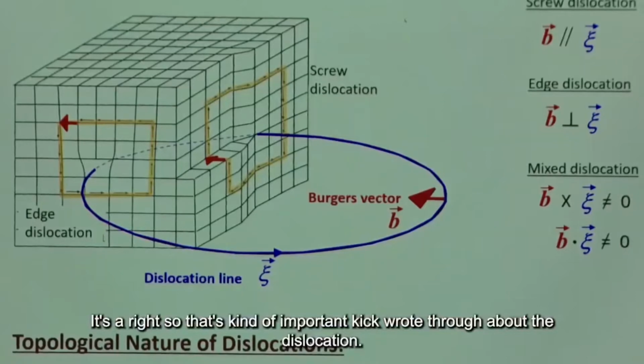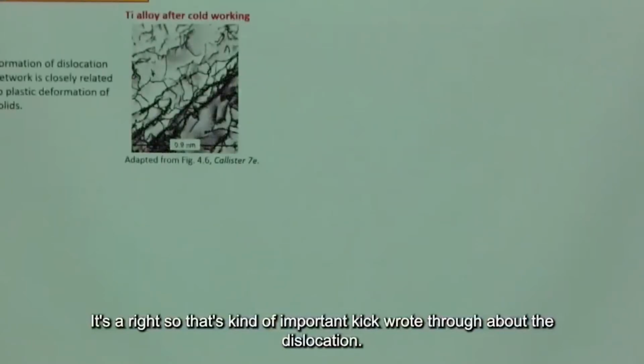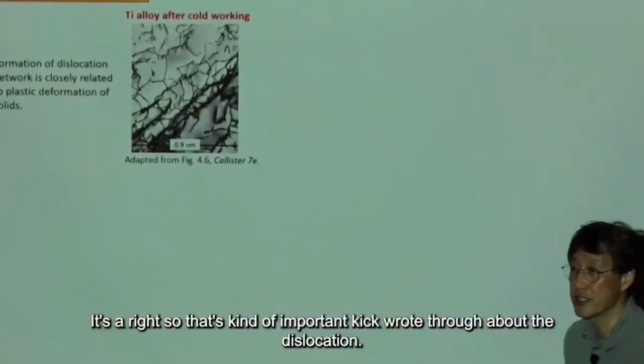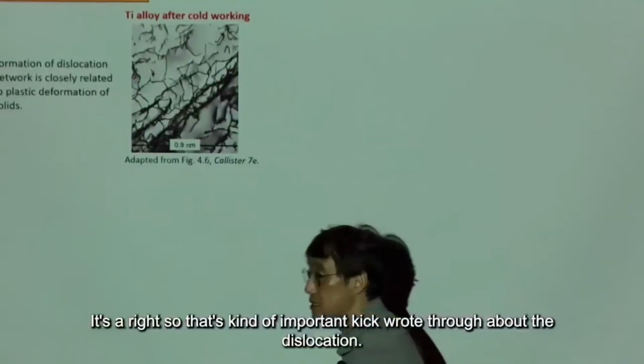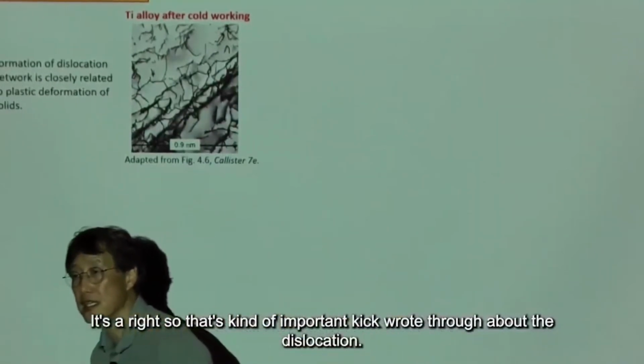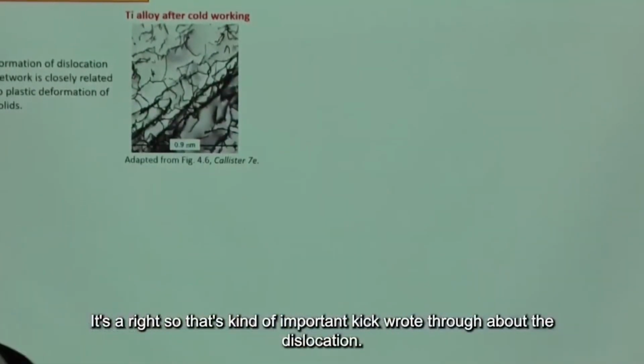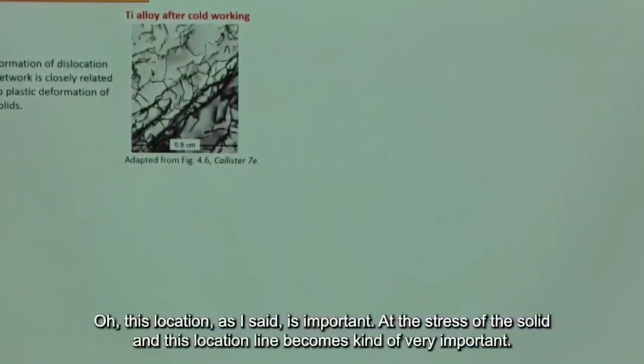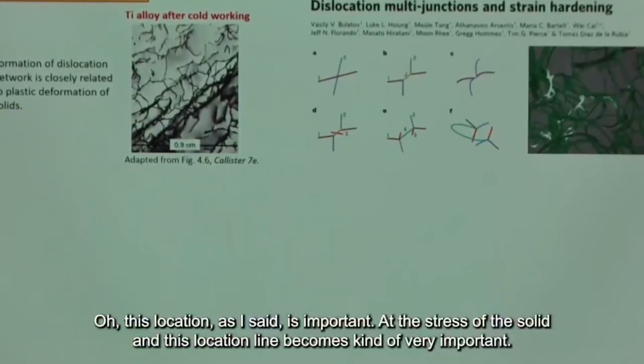Quick run-through about the dislocation. Now, dislocation, as I said, is important in materials. In 3D, of course, dislocation is related to the stiffness and the strength of the solid, and how these dislocation lines become entangled becomes very important.